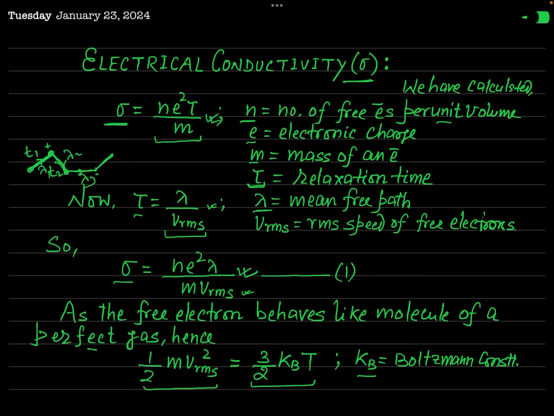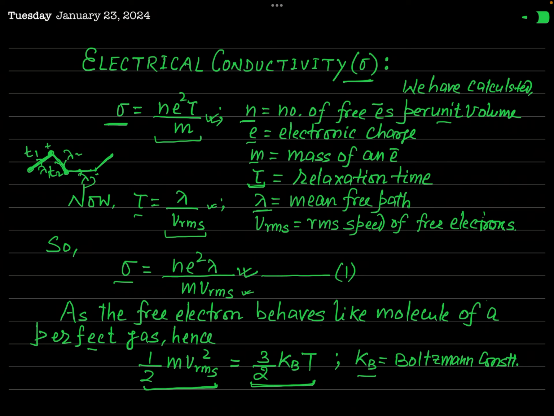So for electron, you can equivalently write that half m Vrms square, which is the average translational kinetic energy of electron, will be equal to 3 by 2 kB into T. This result has been written on the basis of kinetic theory of gases, and you can use this for the electron gas according to Drude model.